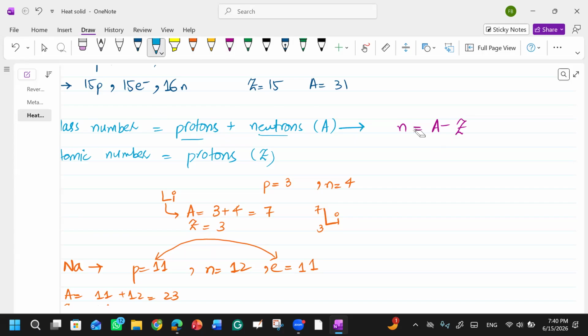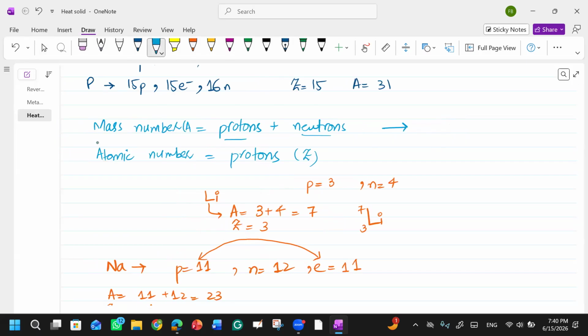Mass number is represented by A. If I want neutrons, these protons are added on this side, so they will be subtracted. Simply write mass number minus proton number and you will get neutrons. Clear?